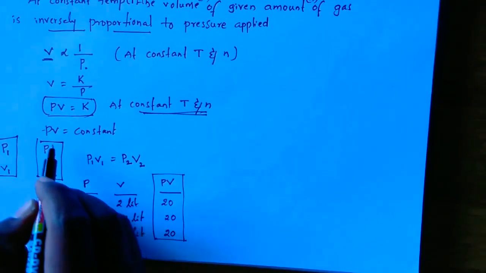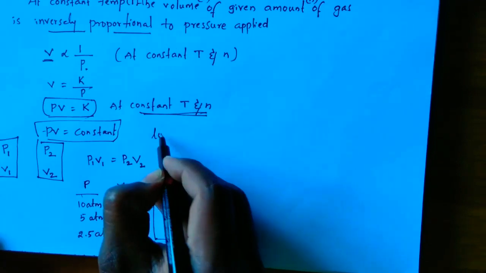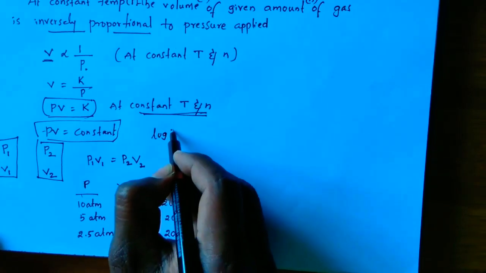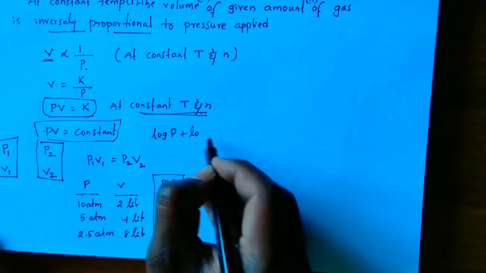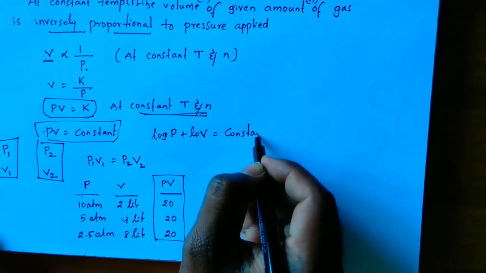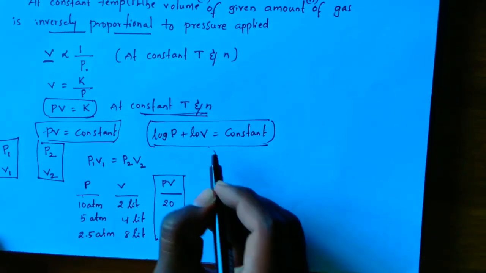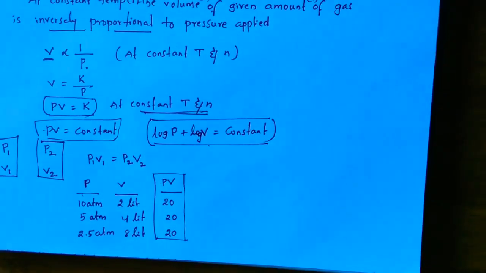PV equals constant. If you apply log to that, log P plus log V is equal to constant.